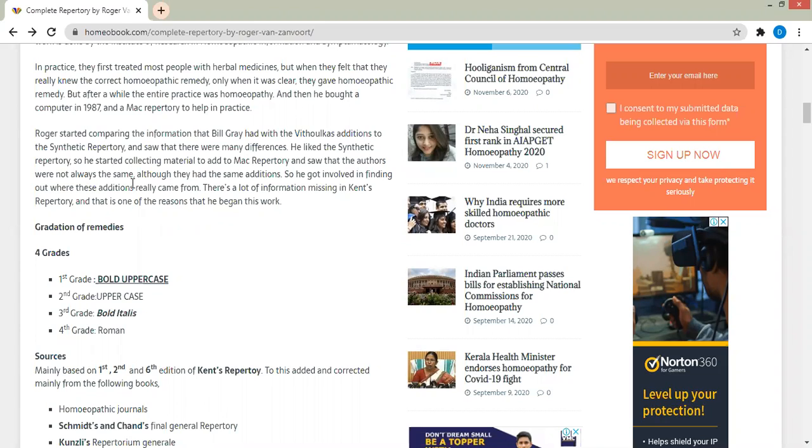While going through the synthetic repertory as well as the additions done in it, he went through both works and found that the work of the two homeopaths was never the same.